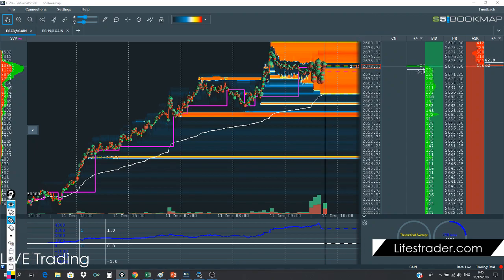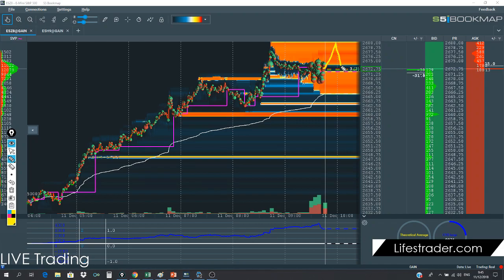The first scenario for short is a first attempt to push higher, failure, below the POC. Under the POC I want to go short, because the other time frame traders really want to push higher, and then they failed and have to close their positions, like the sellers of yesterday.